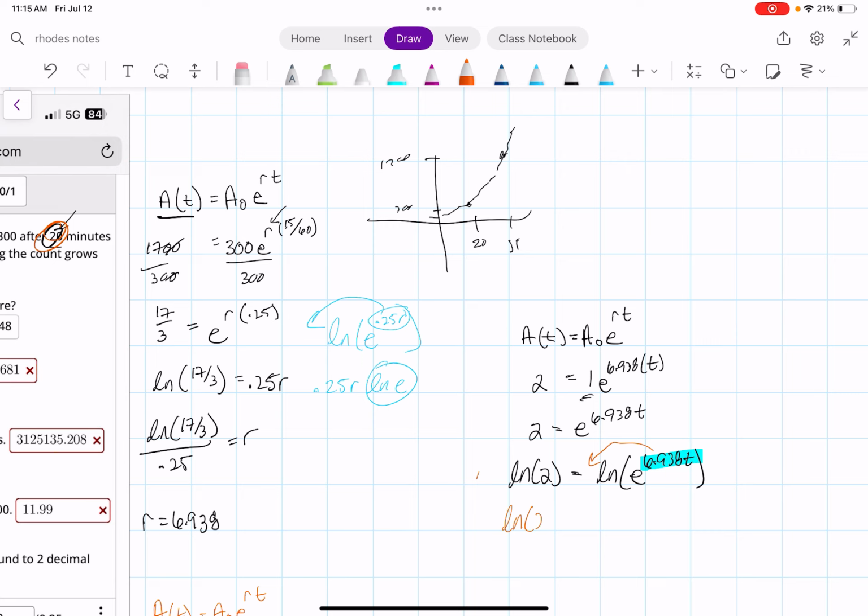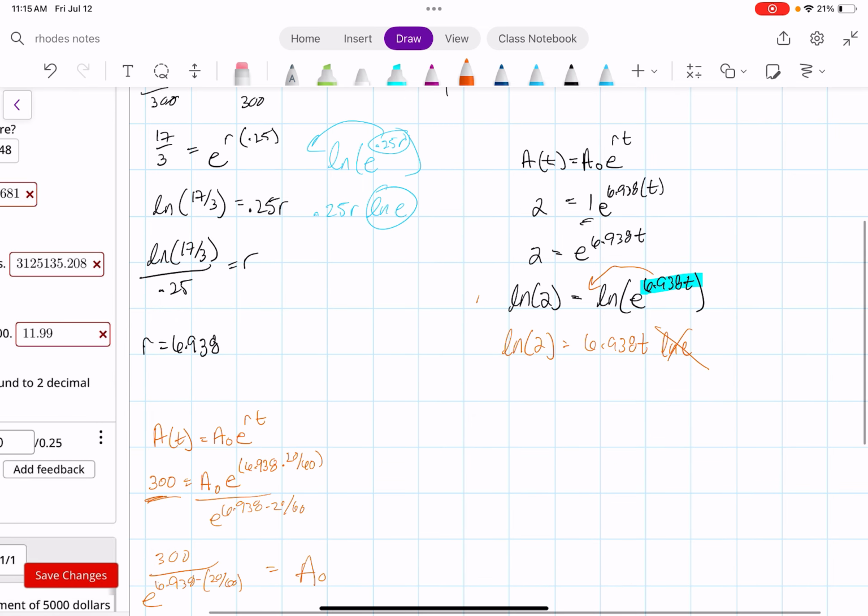So I have ln 2 is equal to 6.938t ln e. Well, ln e is just 1, so effectively get rid of it. And now I'm going to have ln 2 divided by 6.938. That will give me t. Okay, so we'll go ahead and do that.